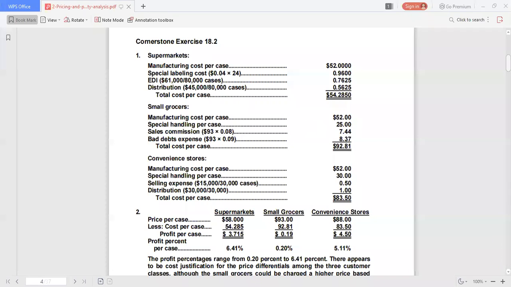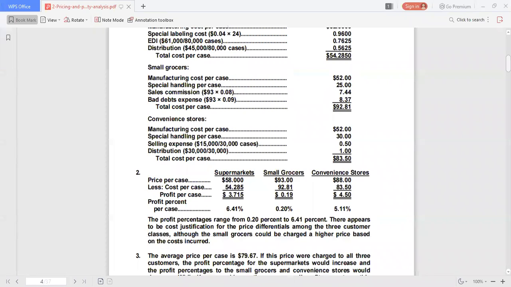So the small grocers could be charged a higher price that would be based on the cost incurred.